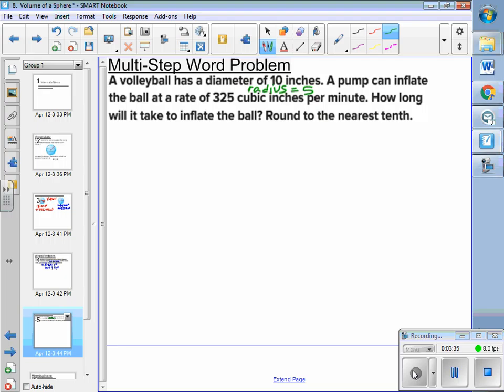So we've got 4/3 times 3.14 for pi times 5 to the third power. We've done this problem already, so our volume is 523 and 3/10, or 1/3, however you want to do that one.